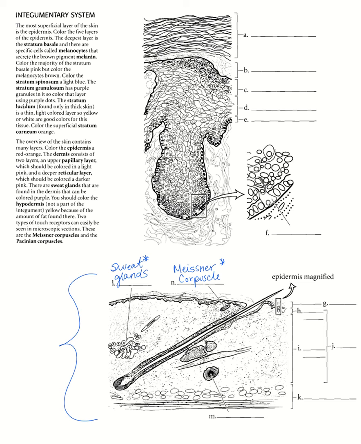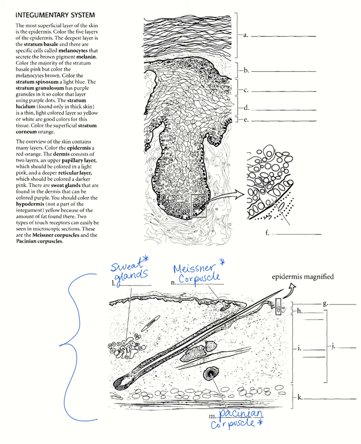So they are your light touch receptors. A little bit deeper though in this section, we have M, which is a Pacinian corpuscle. And the Pacinian corpuscle is going to be more so for vibration and deep pressure. That's what that's going to pick up on.